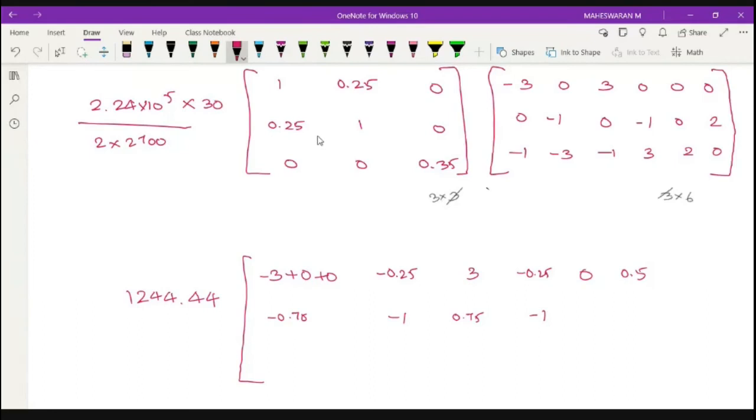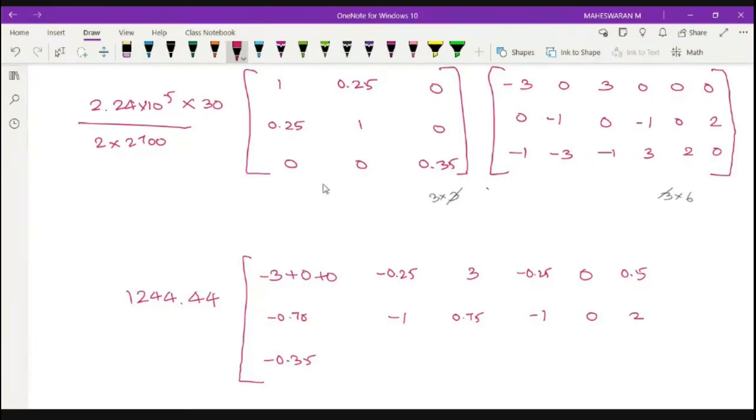Next. 0.25 into 0, 0, 0, 0. Everything is 0. Again, 0.25 into this 0. This is 2. I think this is 0. Last 0, 0, minus 0.35. 0, 0, 0.35 into minus.